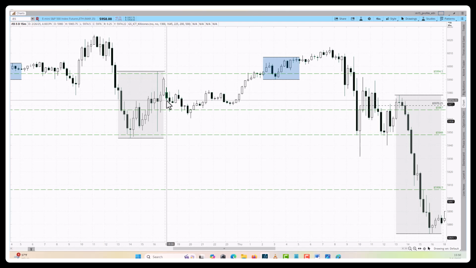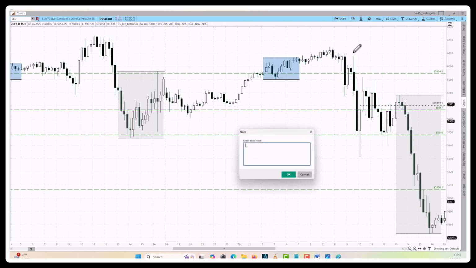Yeah, so it failed to break the low of the night, the 18th overnight low also. And then you see this is 9:30, when the market opens at 9:30. So let's mark this one, 0930.